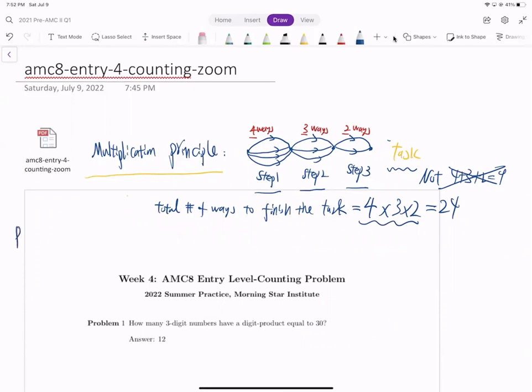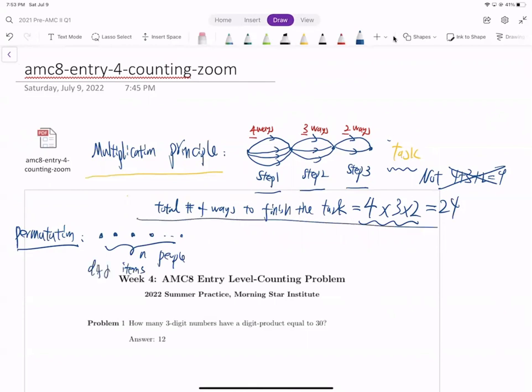Now, an important example is the permutation. Suppose you have n people, or in general n different items, and we want to arrange them.